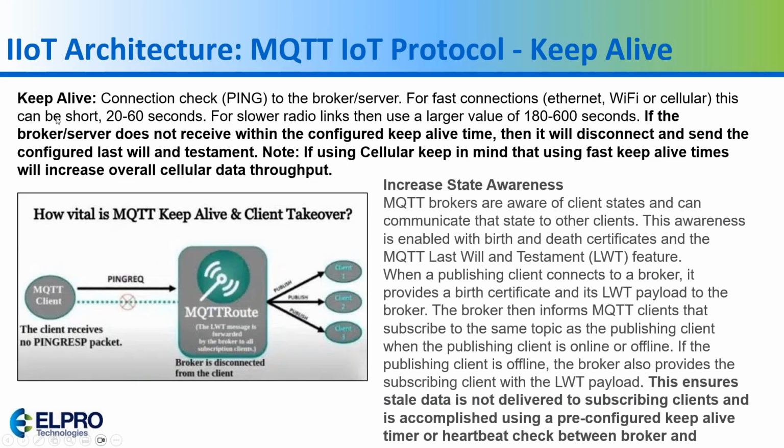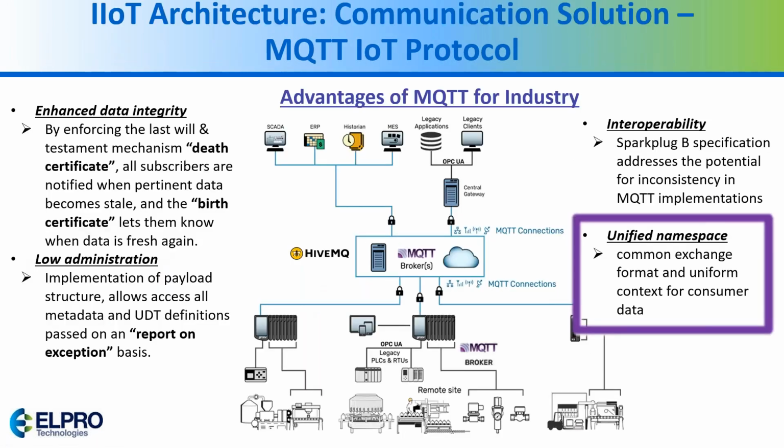So within the configuration, you'll see a keep alive option. That is a ping of up to 600 seconds that allows the nodes to know that each one is there and that the data is not stale and that it's actually refreshed.